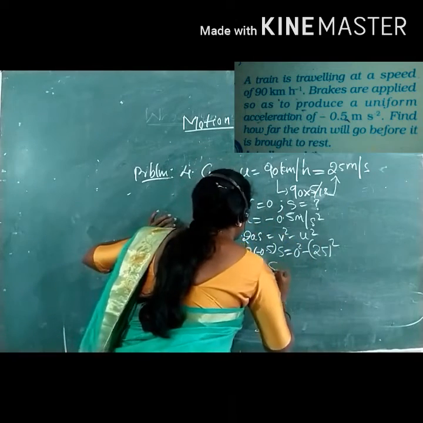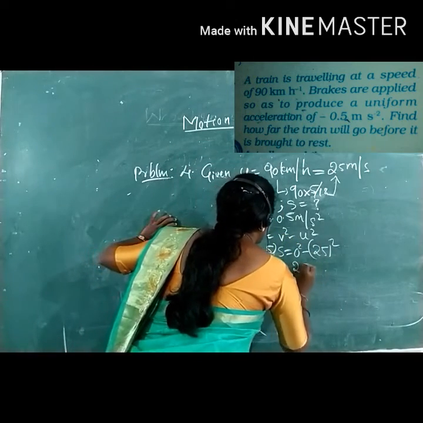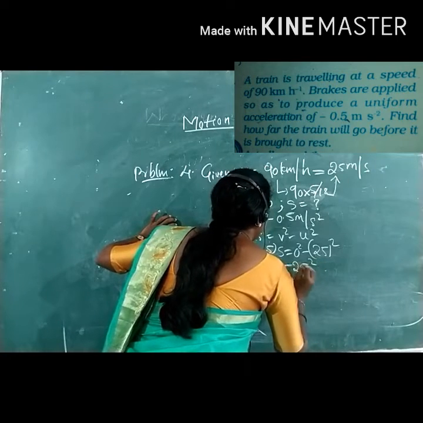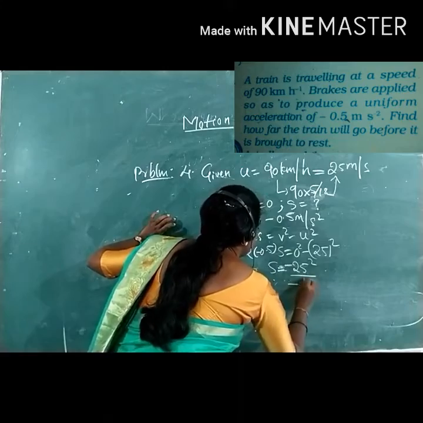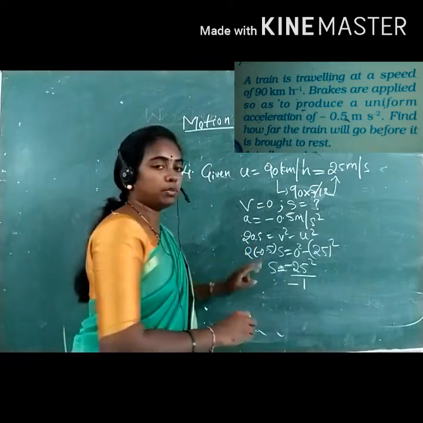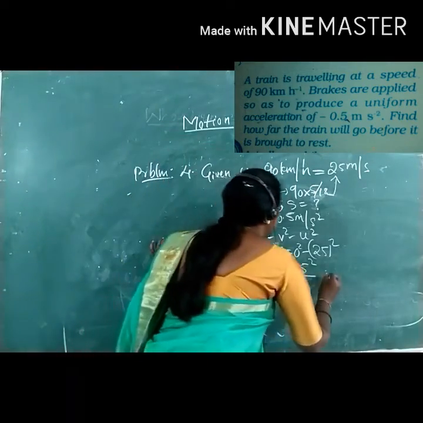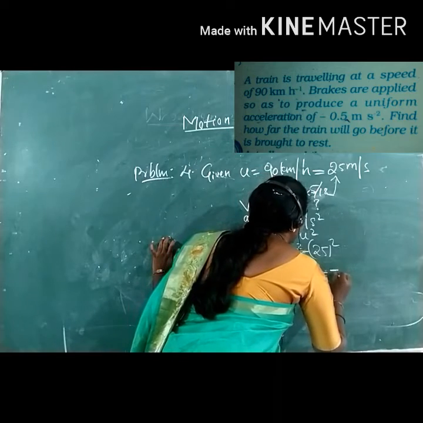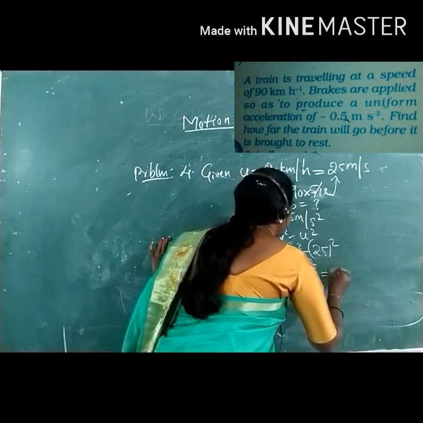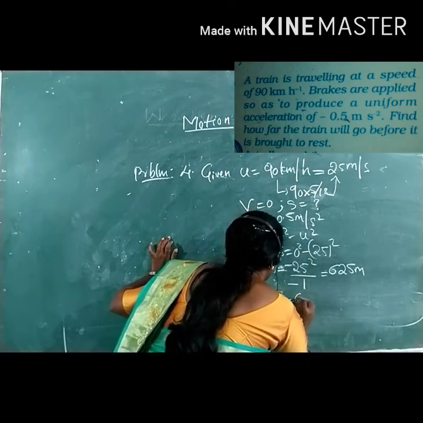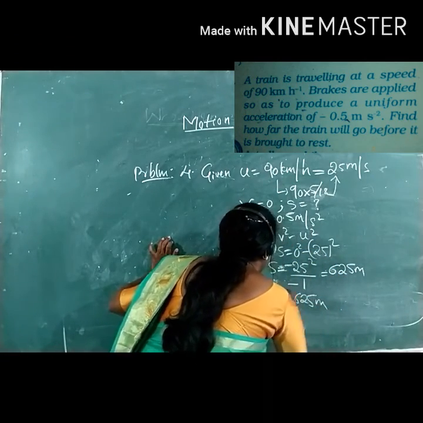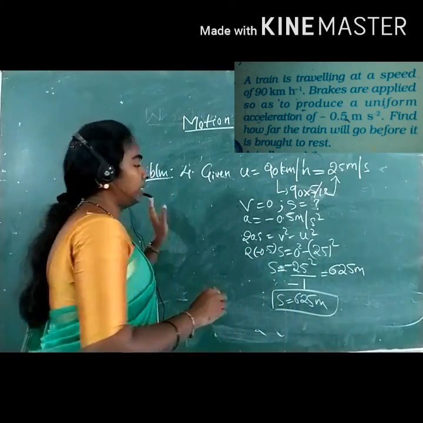So S is equal to (0 minus 25 square) divided by minus 1, since 2 into 0.5 is minus 1. 25 square gives 625. Minus minus cancel out, we get plus 625. So S is 625 meter. By this we complete the motion chapter.